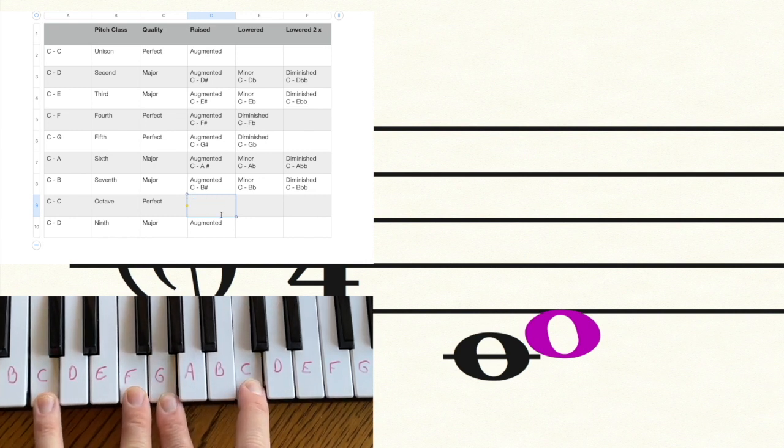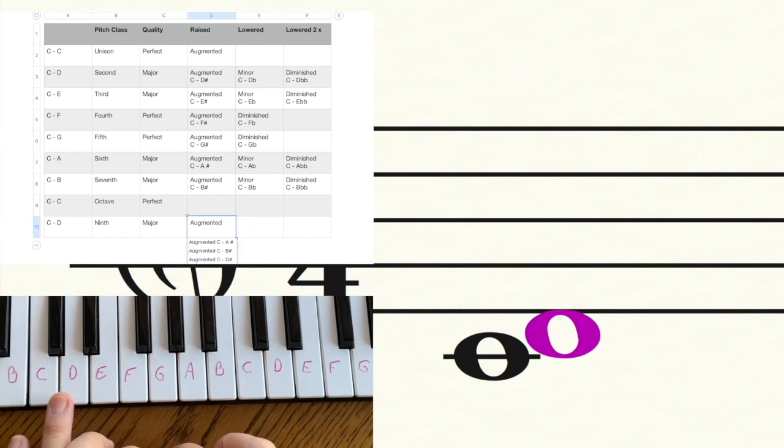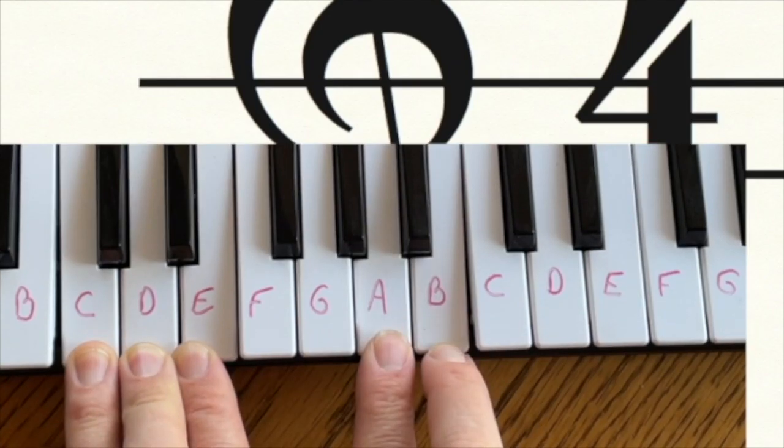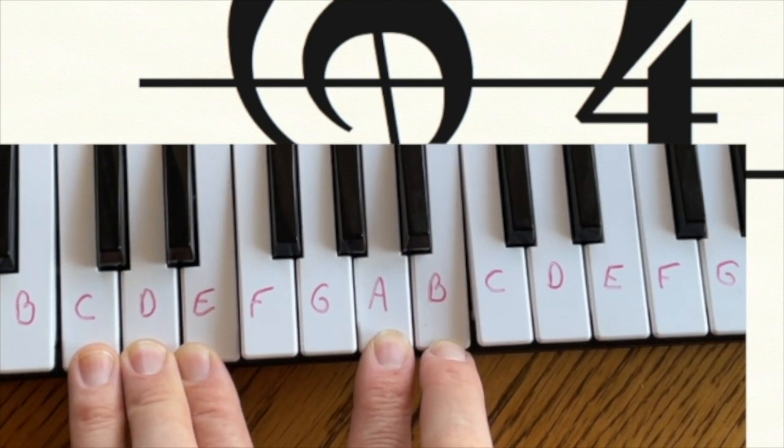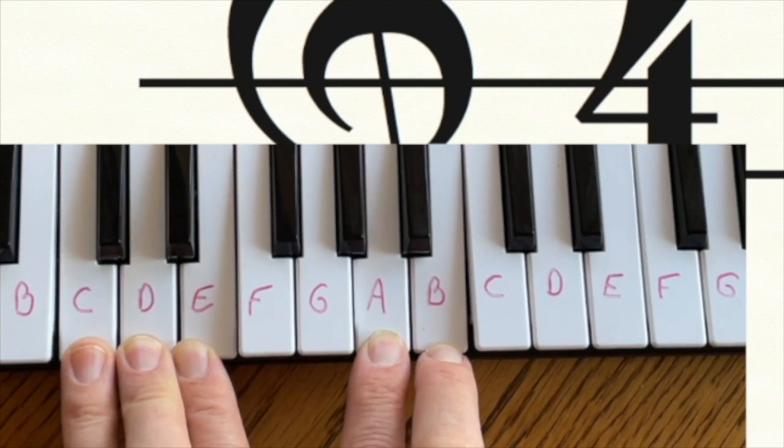And if we raise them, they're augmented. Seconds, thirds, sixths, and sevenths are major. If we raise them, they're augmented. If we lower them, they're minor. And if we lower them twice, then they are diminished. And that's basically it for intervals.